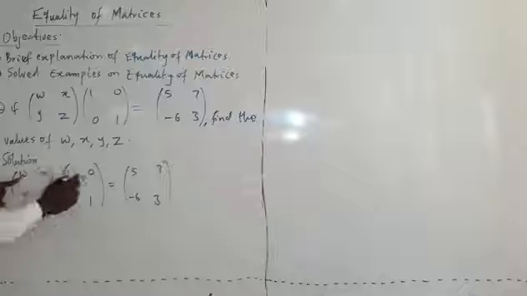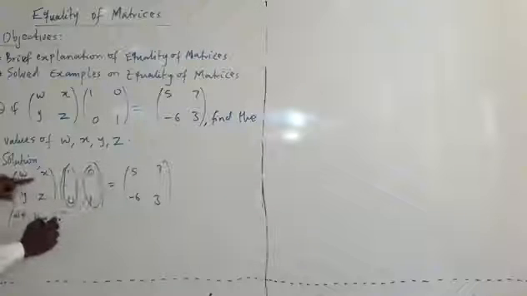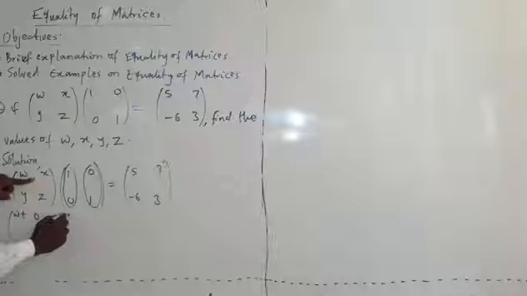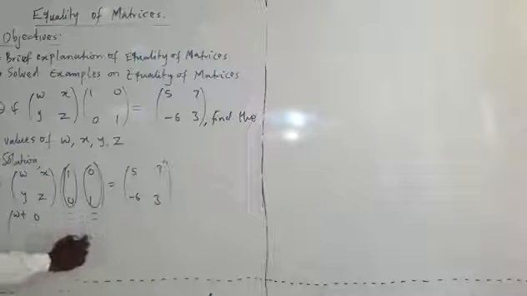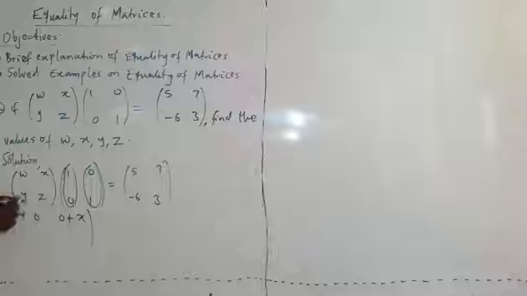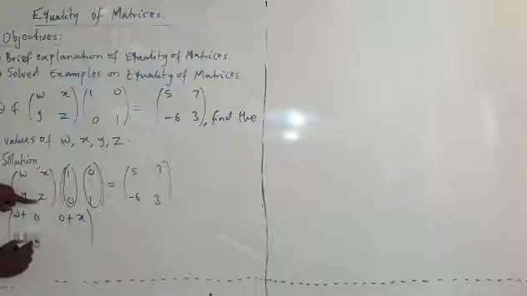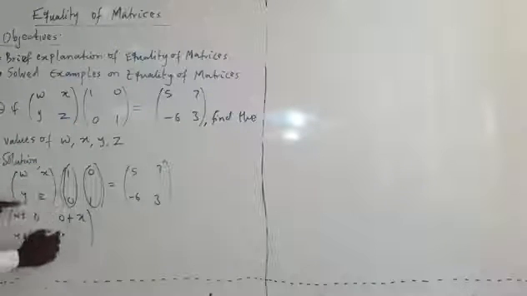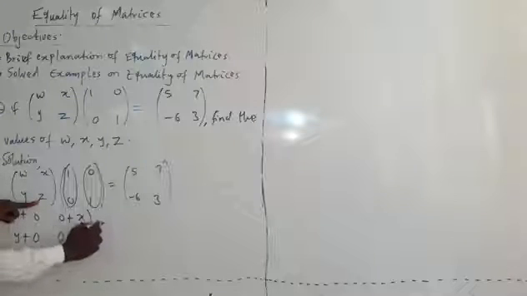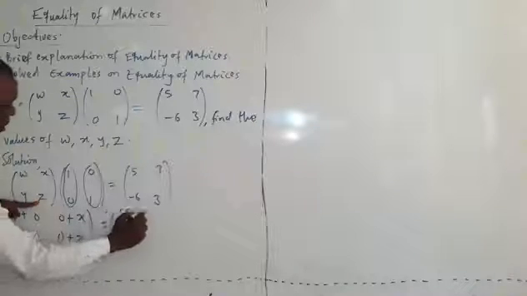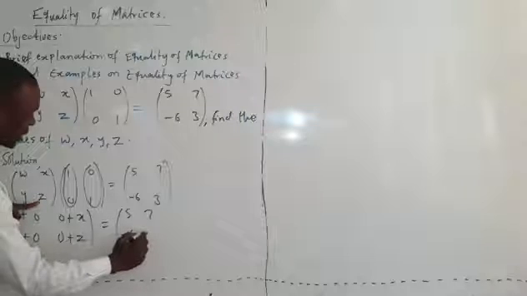Then W multiplied by 0, that's 0, plus X times 1, X. That's the first row. Then the second row, Y multiplied by 1, that's Y, plus Z times 0, 0. Then Y multiplied by 0, 0, plus Z times 1, Z, equals 5, 7, minus 6, 3.